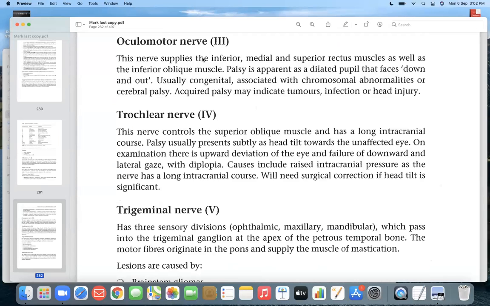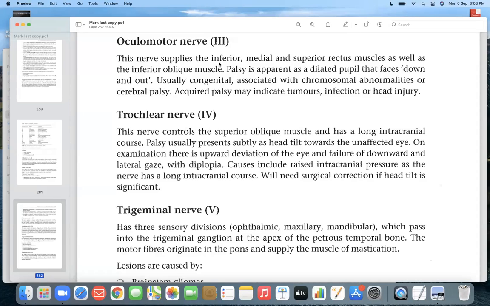So let's go to the oculomotor nerve. After reading this, we will see the picture. Okay. This nerve supplies, we have to remember, all the extraocular muscles except the superior oblique and lateral rectus. Leaving these two muscles, all are supplied by the third nerve.